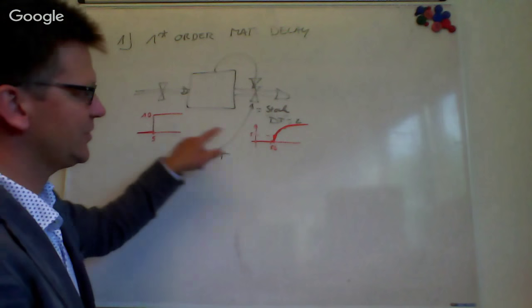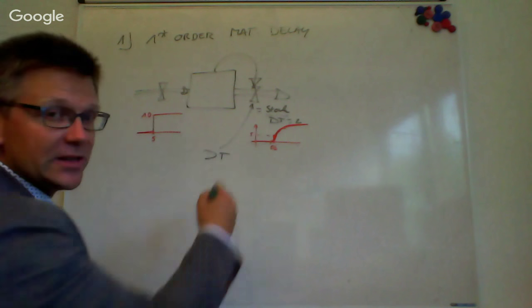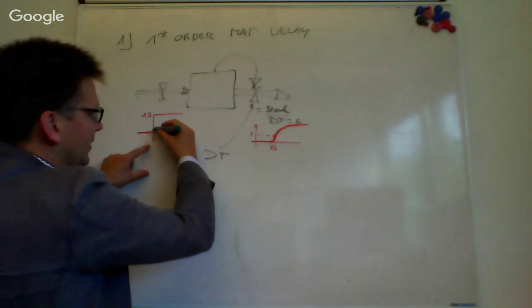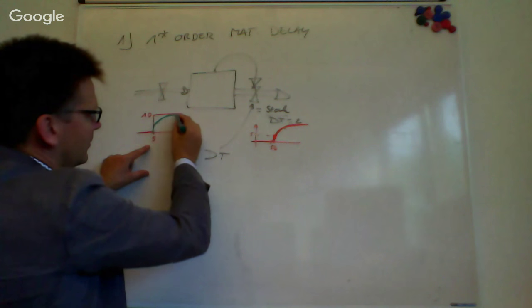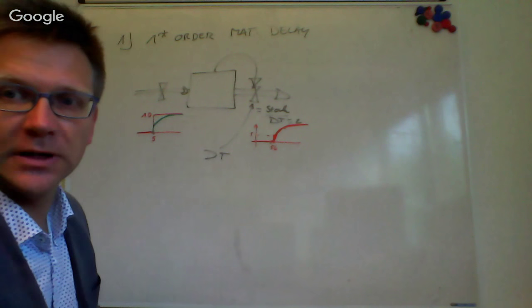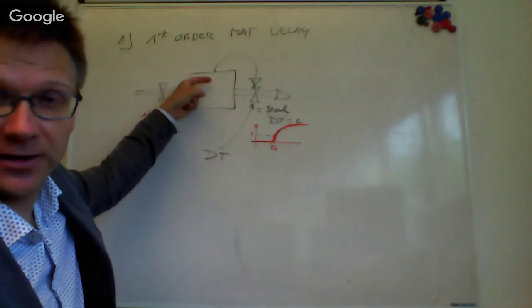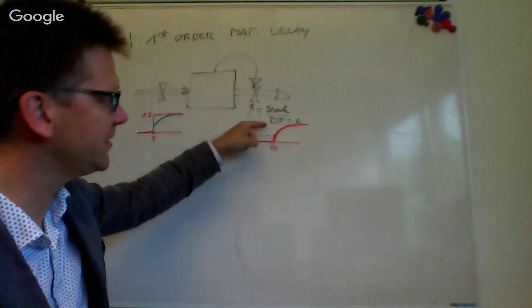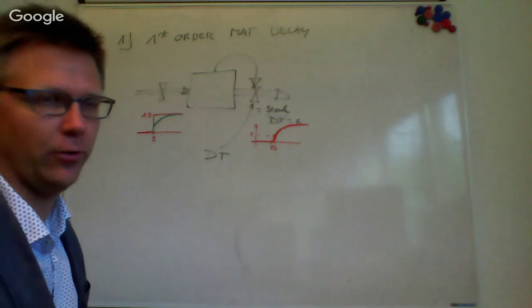So bringing these two together, the response of our system to whatever is happening here with the first order material delay is convergence towards 10. So if you have this step as an input to a first order delay, then the response of the system is actually convergence towards the step value.